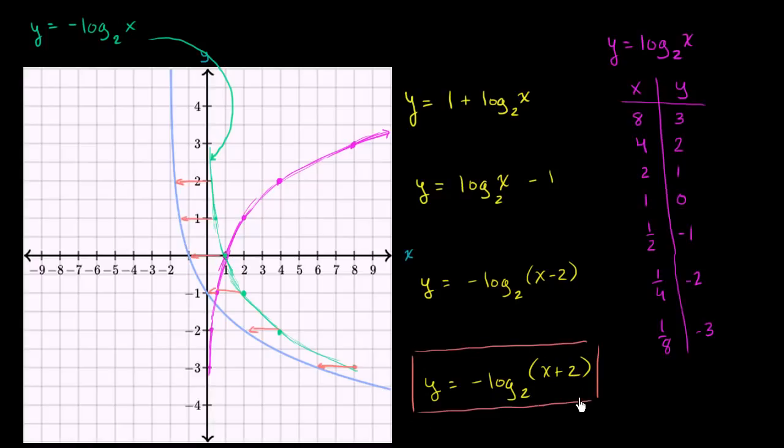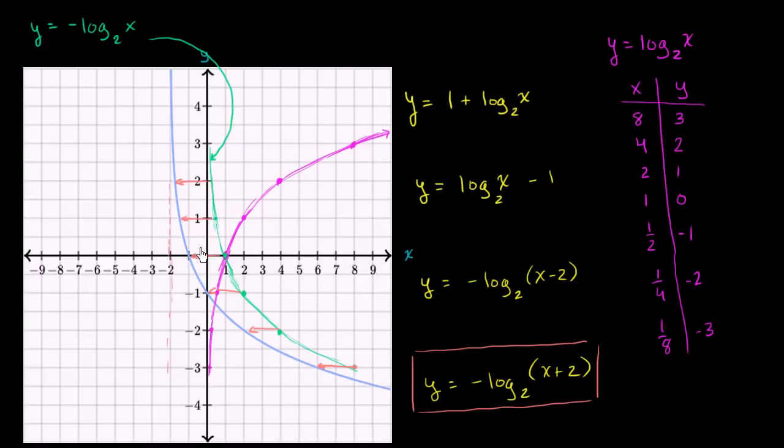And one way to think about it is, in the original negative log base 2 of x, we see this asymptote at x equals 0. Now we're going to see the asymptote when this whole expression, x plus 2, is equal to 0. x plus 2 is equal to 0 when x is equal to negative 2. When x is equal to negative 2, you see the asymptote right over there.